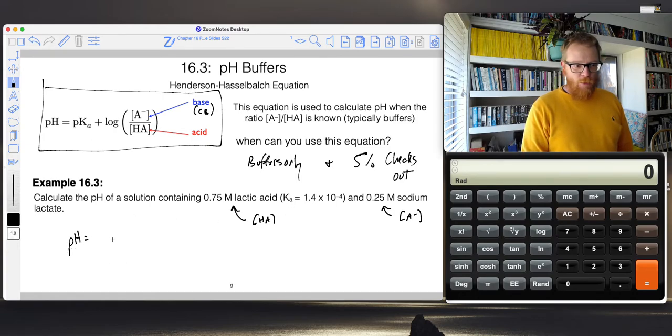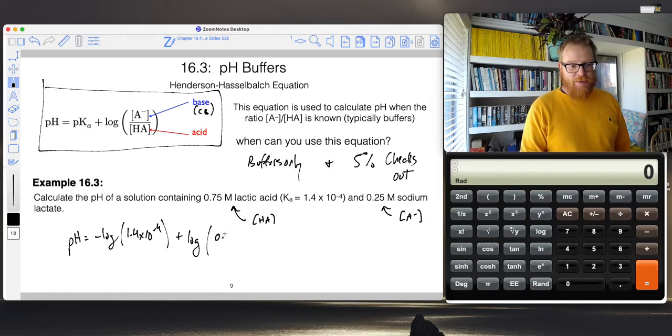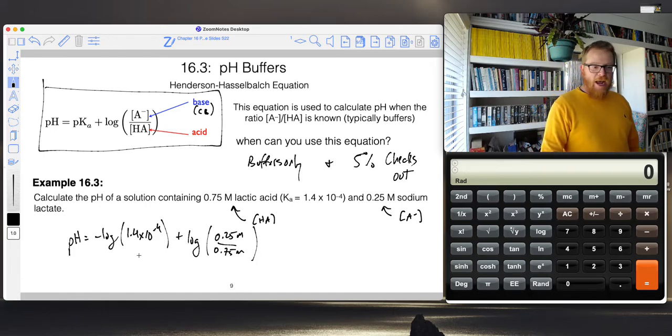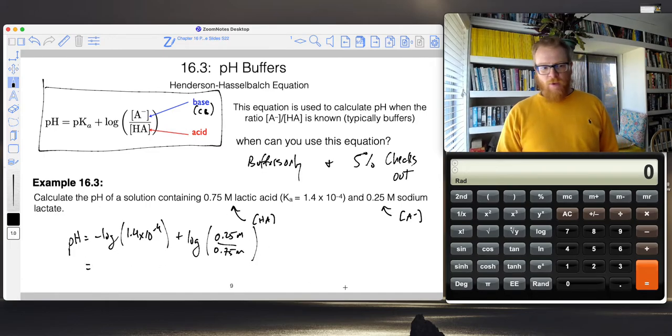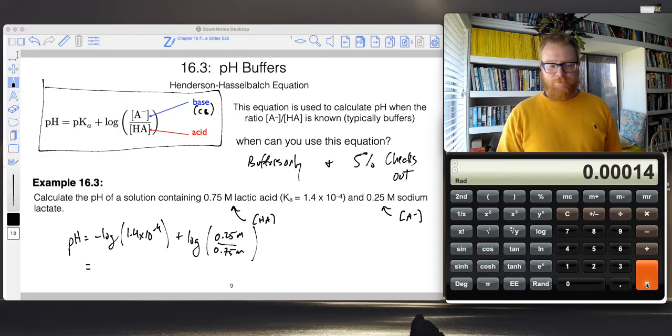pH equals, so we were given a Ka, we can say the negative log of 1.4 times 10 to the minus 4, plus the log of A minus over HA. We established that the A minus is 0.25 molar and the HA is 0.75 molar. So let's calculate that away. 1.4 times 10 to the negative 4, and then log.